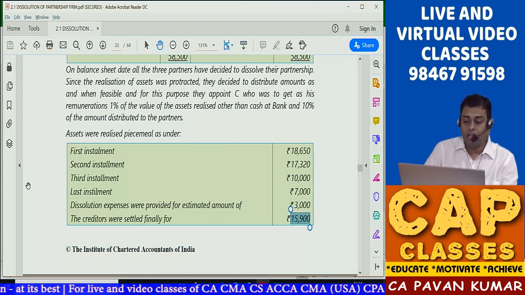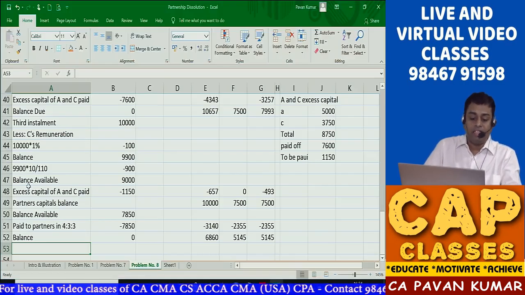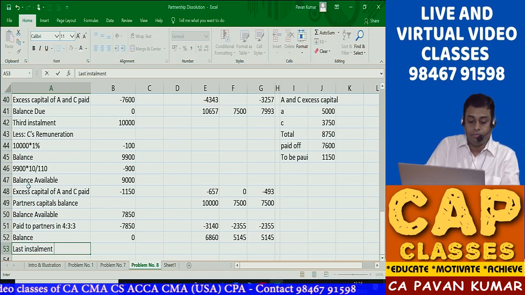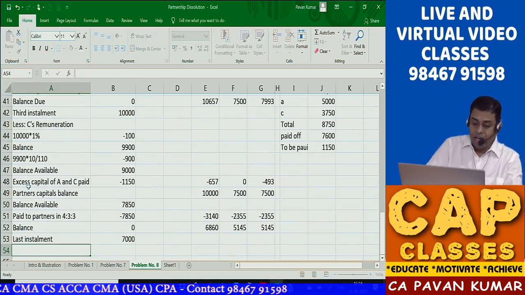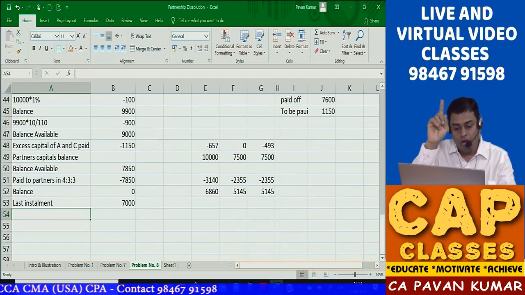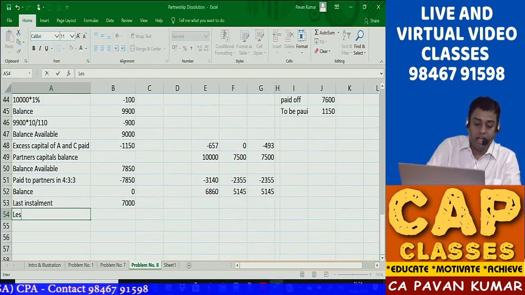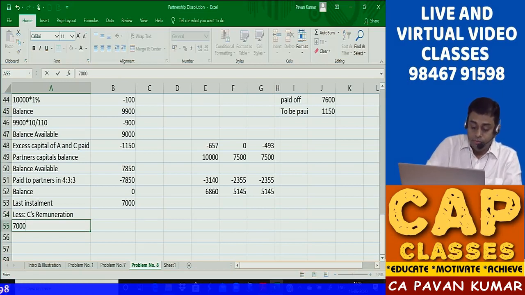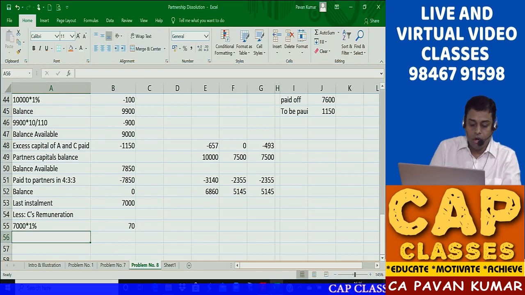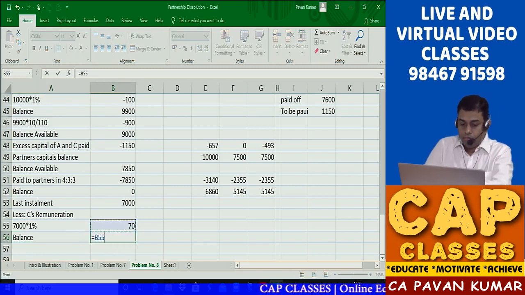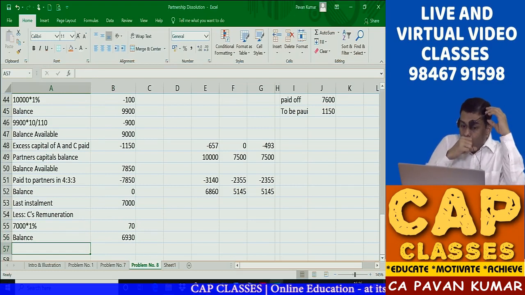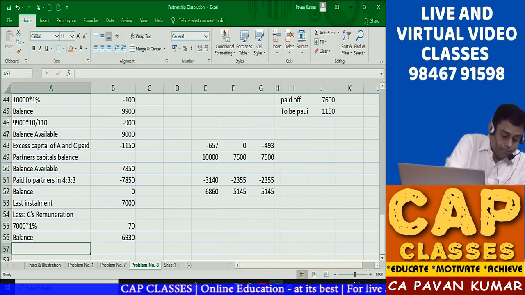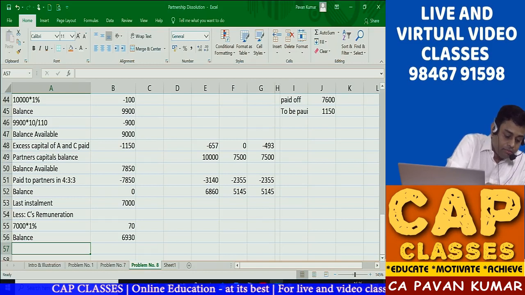Now go back to the question. Installment 4, the last installment, is 7,000. Can I distribute 7,000 in 2:3:3? No, my dear friend, hold on. Less, C's remuneration. How? 7,000 into 1%, so that comes to 70 rupees. Okay, balance 6,930 into 10 by 110.